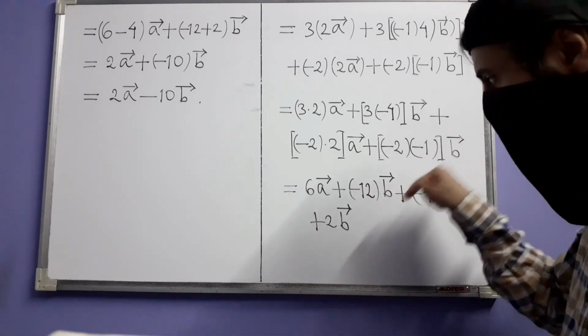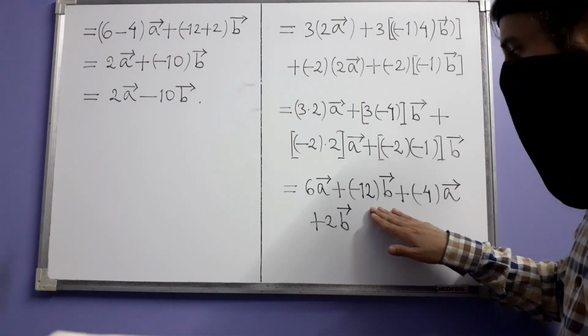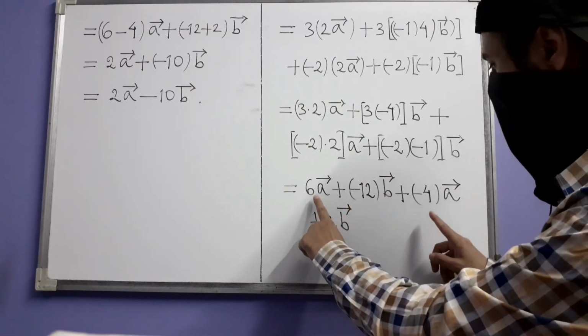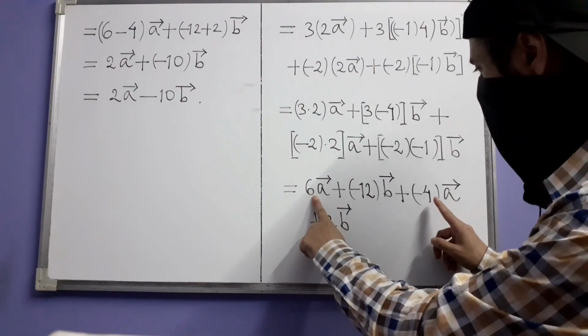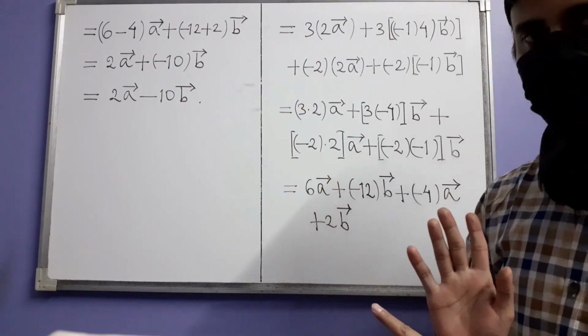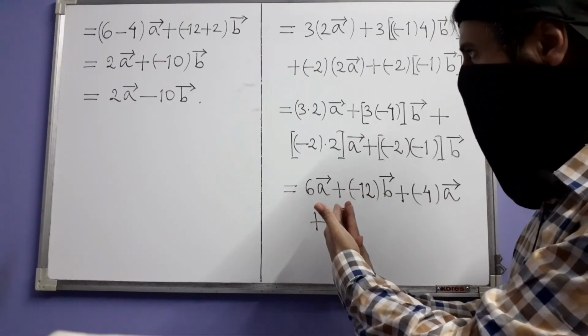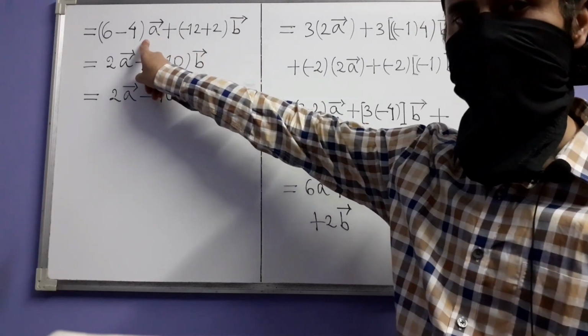And actually we did that here to get from this step to this step. You see that we have written 6a minus 4a as if we have first taken them together and then we applied that law.